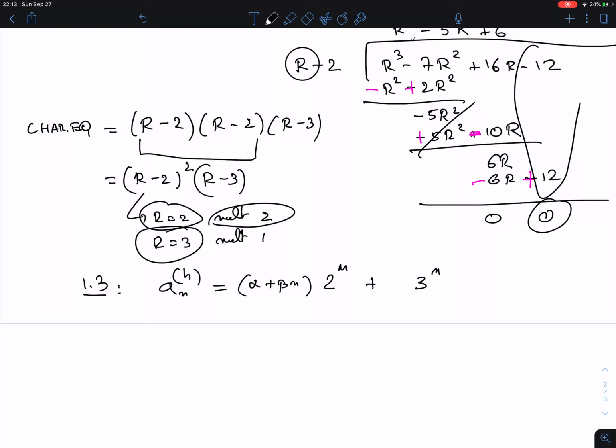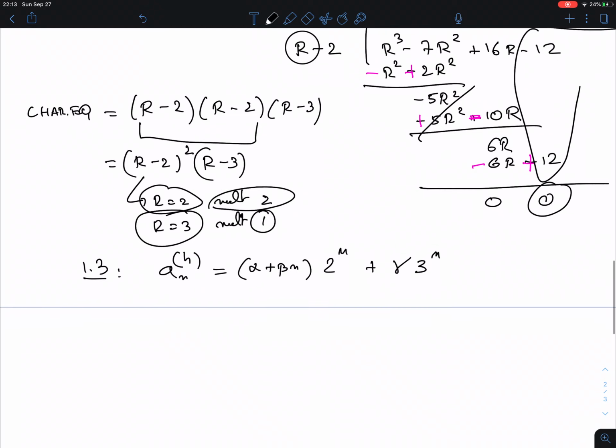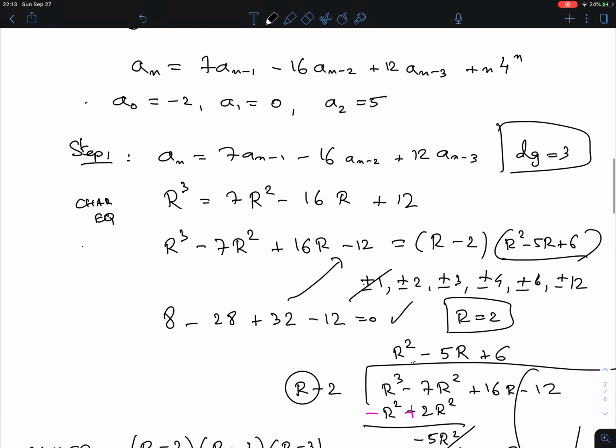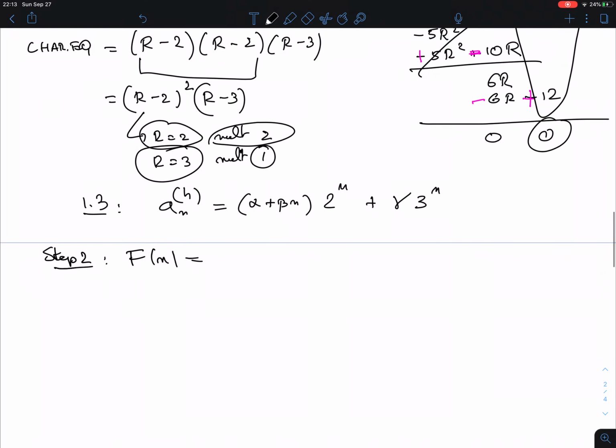And here we get a general polynomial of degree 1 minus 1, which is 0, in other words a constant. But be careful, we have used alpha and beta, so use a different constant. Okay, and that's it. We don't do anything more, because now we go to step 2, where we look at f of n. So f of n here is n times 4 to the n.